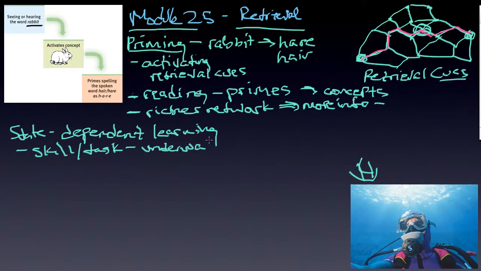And then when they brought them above water, got their gear off and everything else, what they found is that their ability to do the skill or the task was decreased.